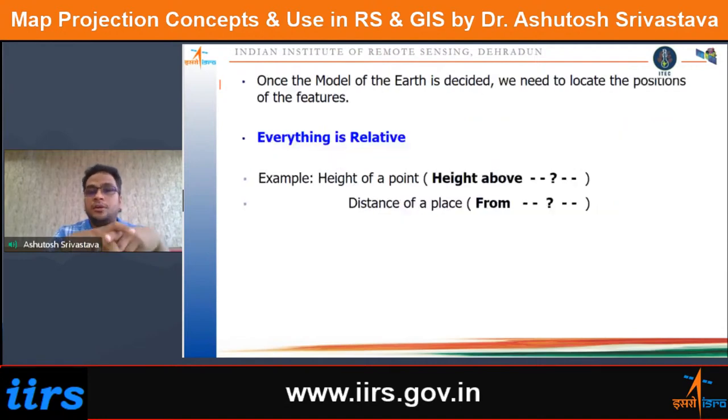So once the model of the earth is decided, we need to locate the position of the features. You have derived one mathematical model of the earth. That mathematical model is basically just the geometry, the sphere or the ellipsoid, and in that we have to derive some reference point.